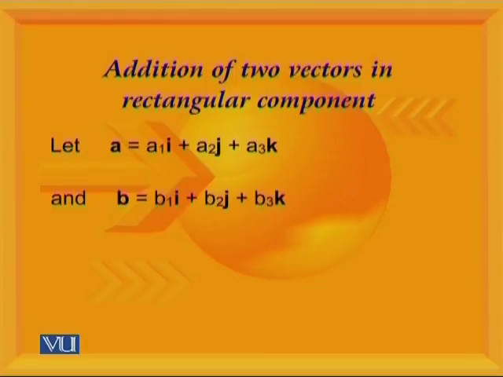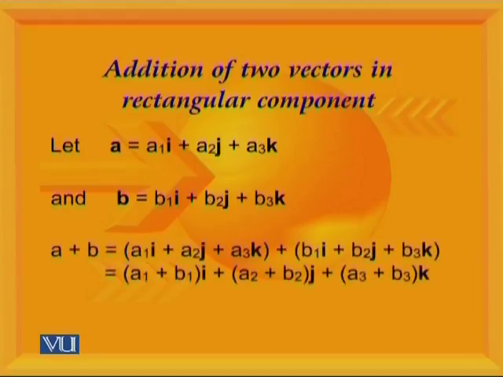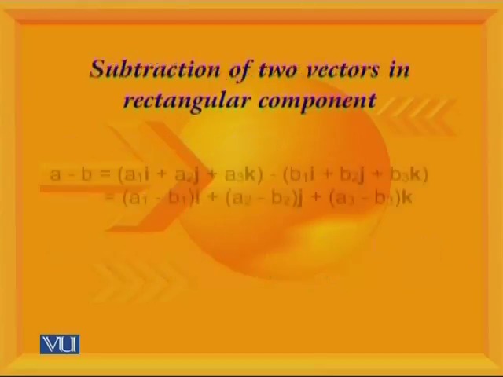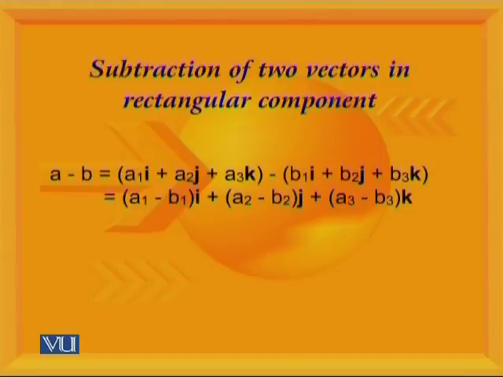The sum of the vectors, A plus B, is equal to (A1 plus B1)i plus (A2 plus B2)j plus (A3 plus B3)k. So we are just adding x components to x components, y components to y components and z components to z components. And similarly for subtraction, A minus B will be (A1 minus B1)i plus (A2 minus B2)j plus (A3 minus B3)k.